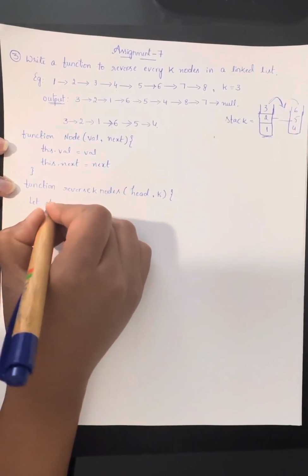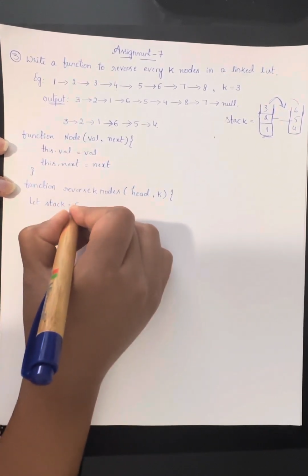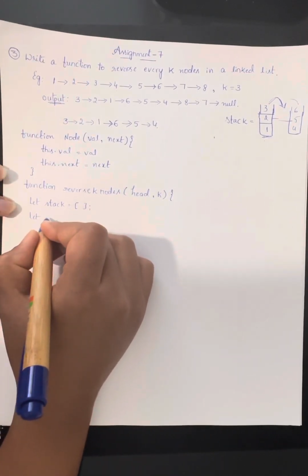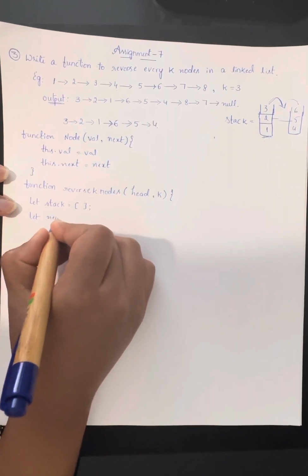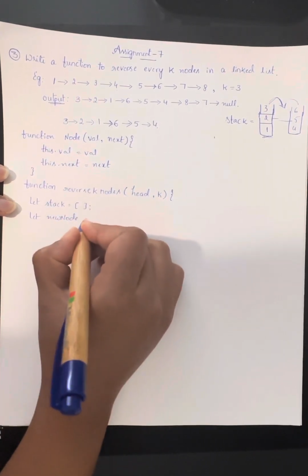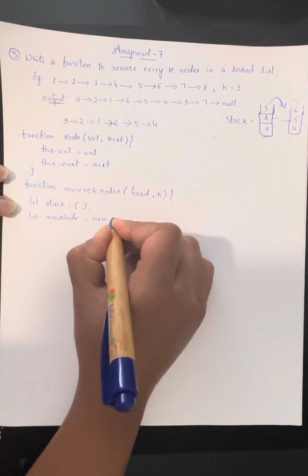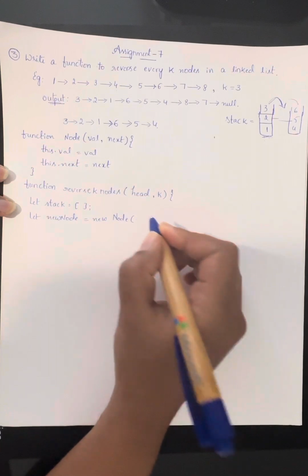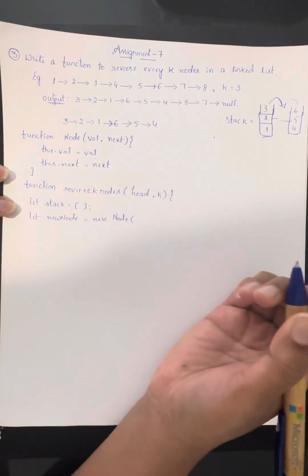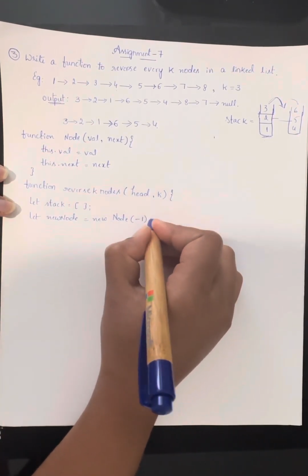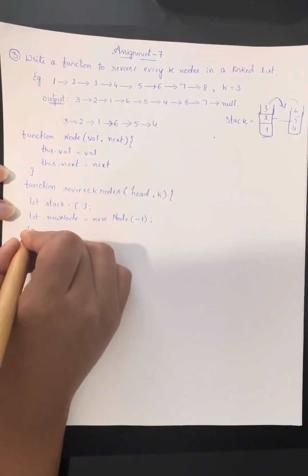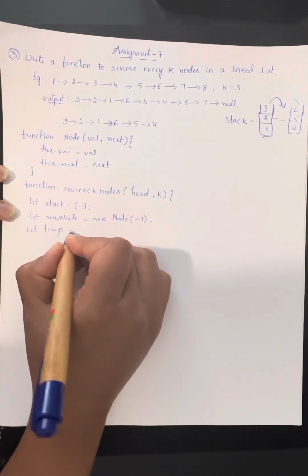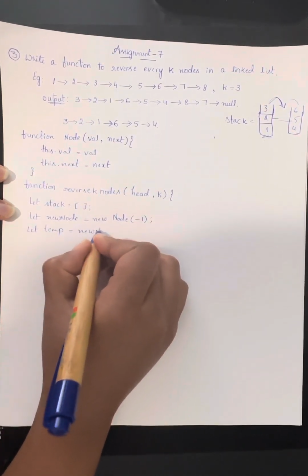Let's declare a stack, and I'm creating a new node: newNode equals new Node, and I'm assigning it a value of -1. Let's declare another variable called temp, which I'm assigning to the new node.